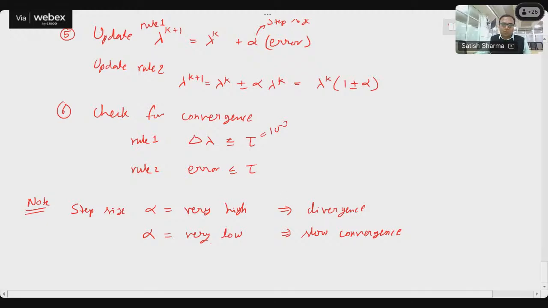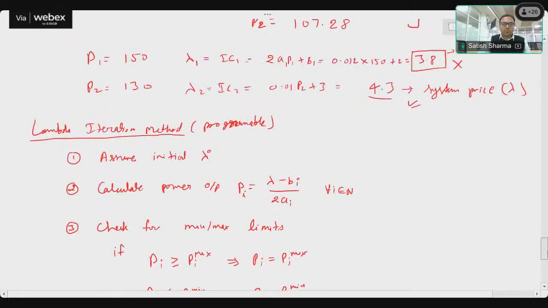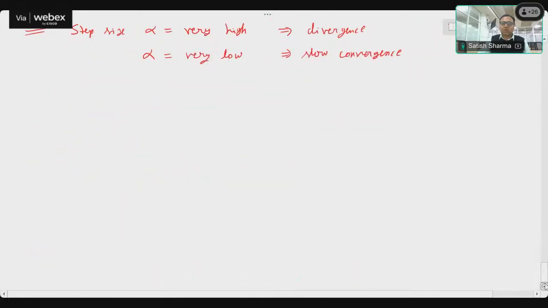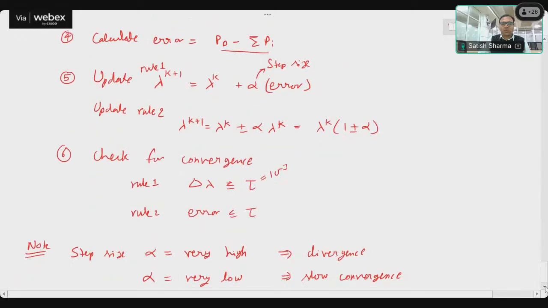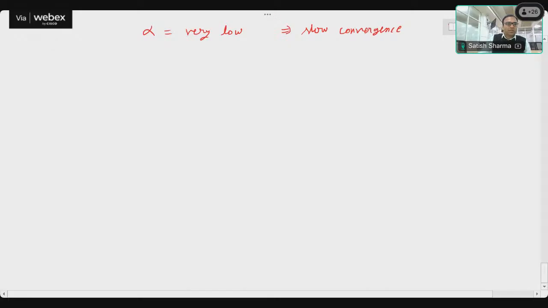Yes, so now once we have obtained this, let's look at the loss formulation, so how to incorporate losses in the system. Network loss modeling.